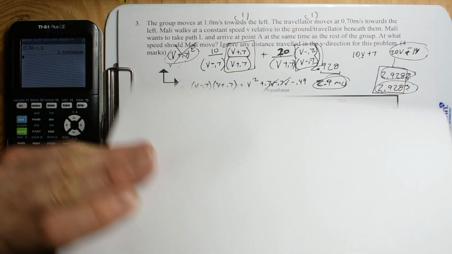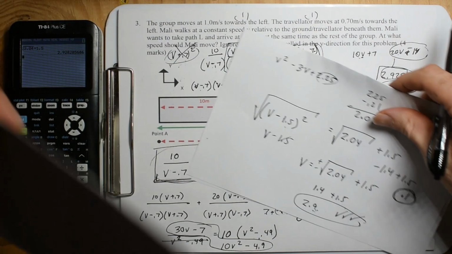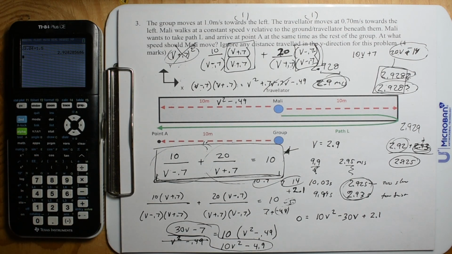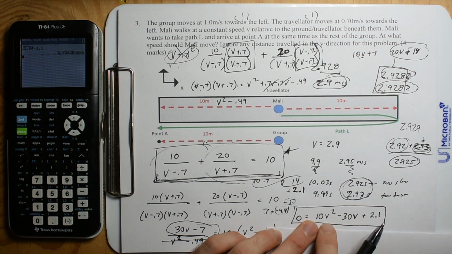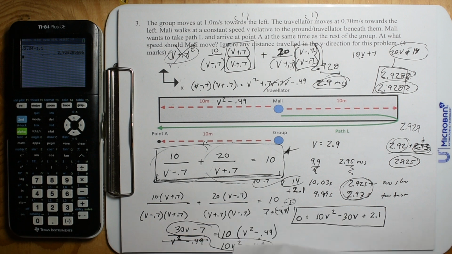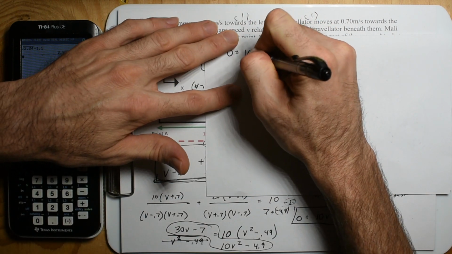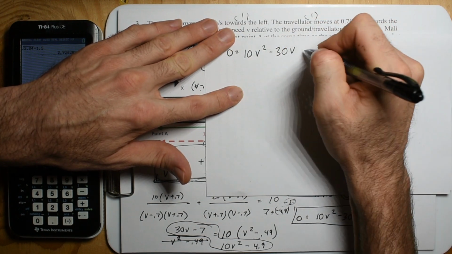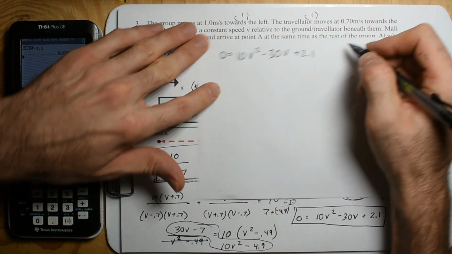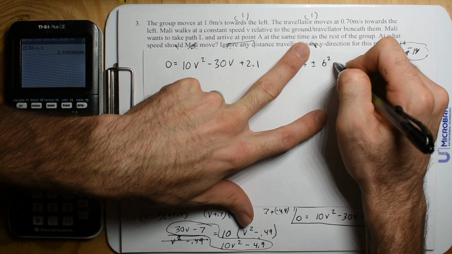Cool. So now let's see. And so, yeah, we got this. This was our main equation. This was our quadratic equation that we had to solve for v. So now let's use the quadratic equation, which is, hey, v is equal to plus or minus b squared.